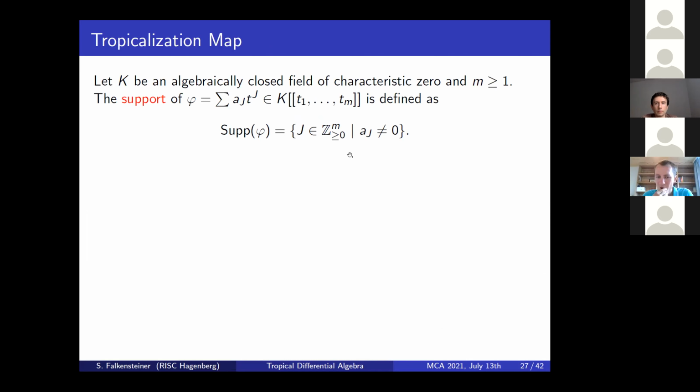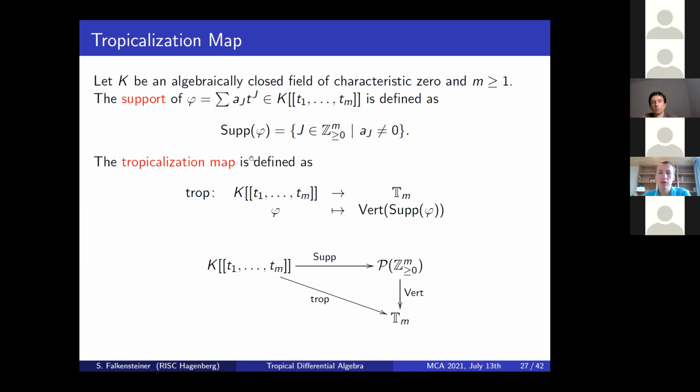Okay, and as Vincent already mentioned, the support of a power series, here a multivariate power series, is defined as the coefficients which are non-zero. And now we can apply the support map.